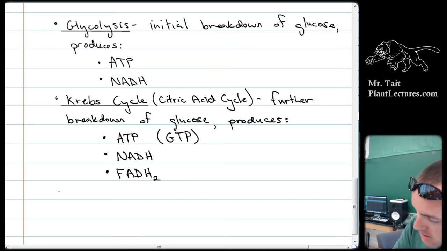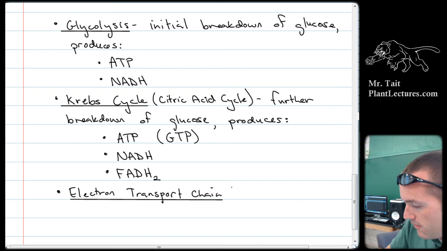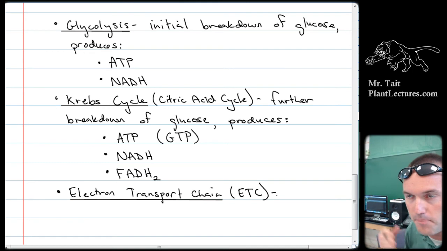Last step of this is called the electron transport chain. Almost always abbreviated ETC. We say that the ETC takes their energy from our high energy electron carriers, which are NADH and FADH2, and it uses those to create a gradient, or to pump H+ ions into the intermembrane space.